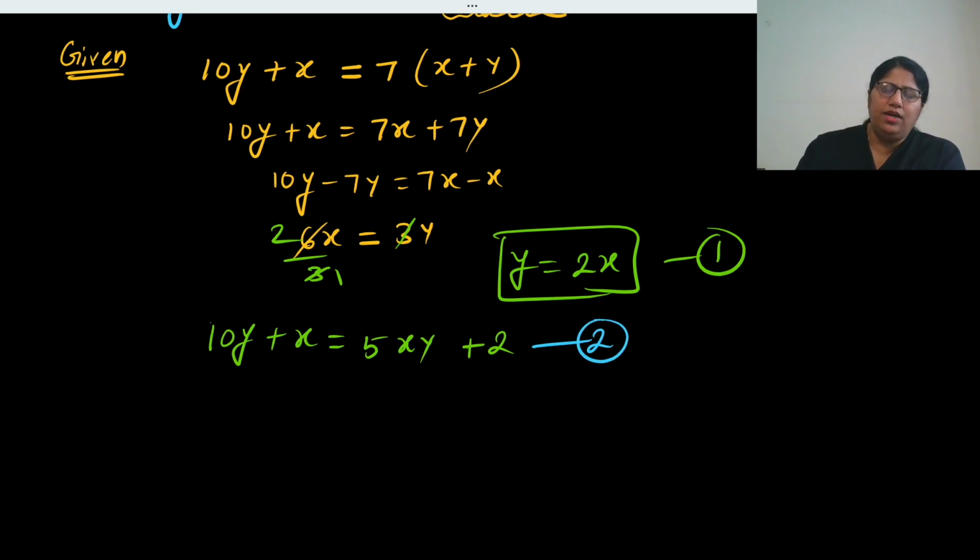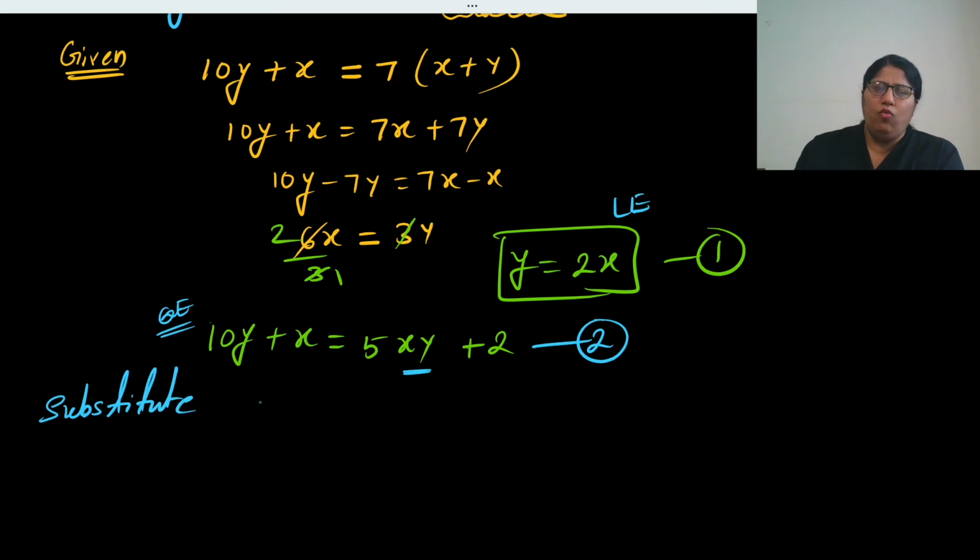Now what can we do here? This is the linear equation, right? And this is your quadratic equation, because here the power is 2. Whenever this is the combination, you always follow the substitution method. So you write down here, substitute y from equation 1 into equation 2.